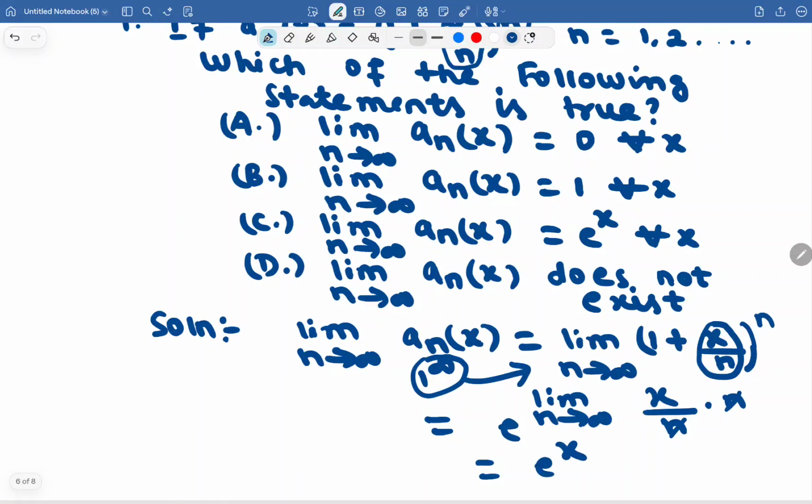The answer is e power x. For this problem, option C is the correct one.